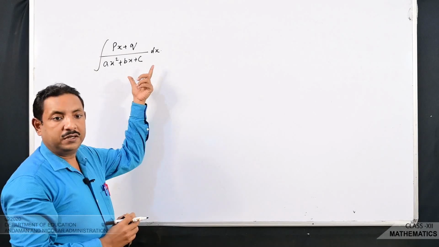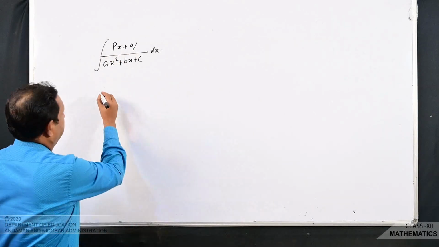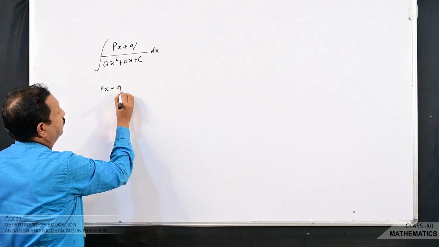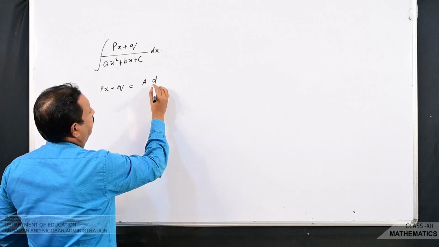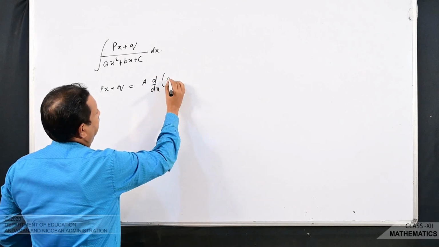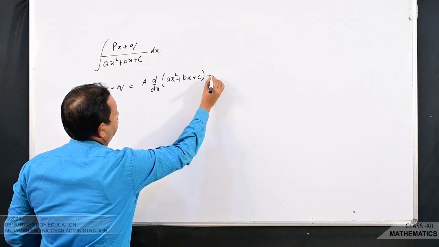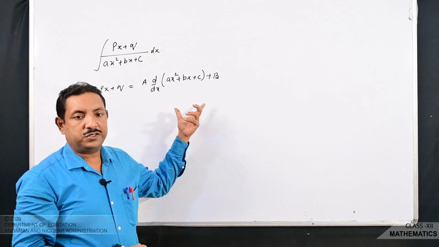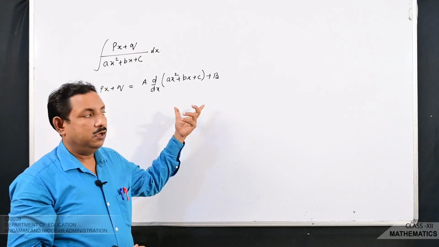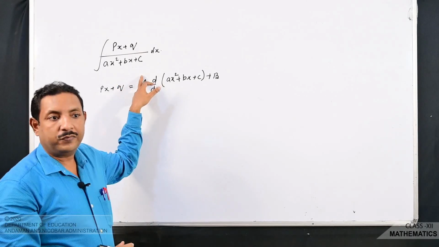What we did there was assume that px plus q is equal to some multiple of the derivative of ax square plus bx plus c, plus b. We made some adjustment by taking the derivatives from here, and then we did the integration.